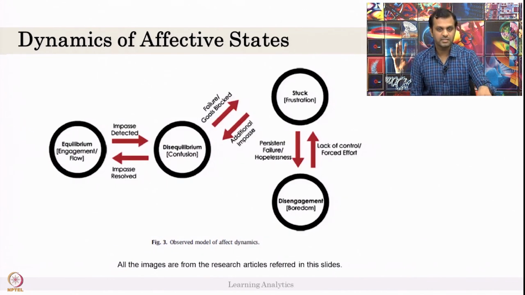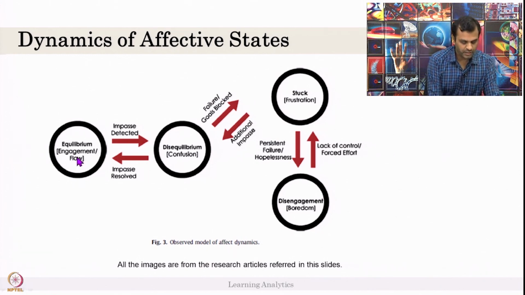So, this is the dynamics of the affective states obtained from the self reporting and from predicting students' emotions based on the action units. Let us see. Here, at equilibrium, the flow has a significant transition in both directions: they can go to confusion or they might come back to engagement, with significant transition both ways.